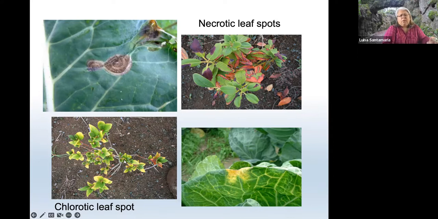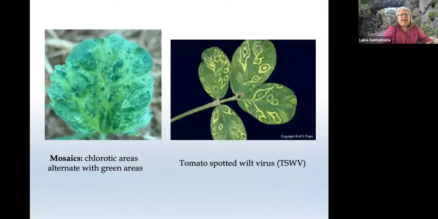But chlorotic leaf spots could be another thing to pay attention to. One of the leaf symptoms that I really like, because I think it's easier to recognize the problem, is when we have a virus. These mosaic chlorotic areas are really easy to identify as related to a virus.